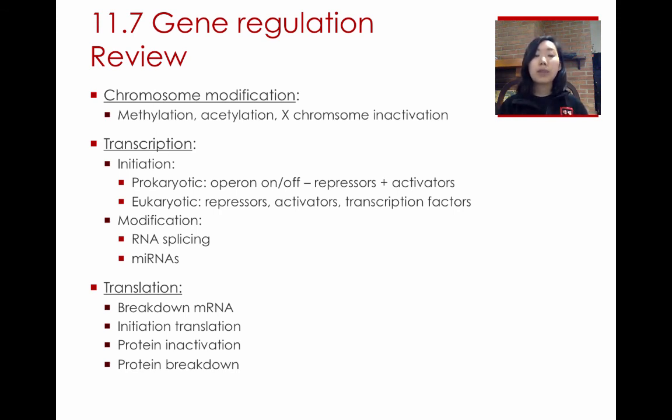You can regulate the initiation of translation. So even though you have the mRNA, you may not create the protein from it. You can have protein activation. So you need to activate the proteins for it to fully work. And so that's another level of modifications. And then you can also break down the proteins. So these are all different ways that your body regulates what kind of proteins you create.